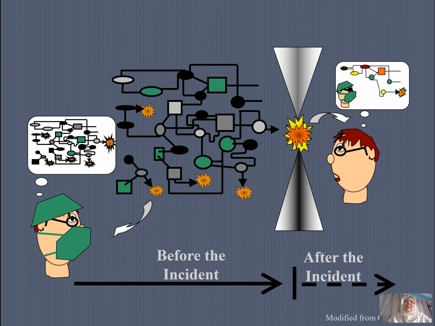But after the incident, this was looked at and a new, clearer pathway was put in place, and now there's only one way. You can't completely remove incidents because, as I said before, these errors are part of human nature, so we can't completely remove them, but we can decrease their risk and also reduce the consequences to patients from them.